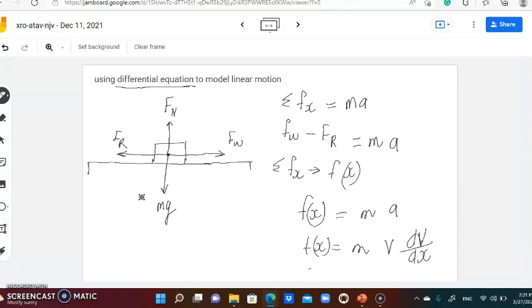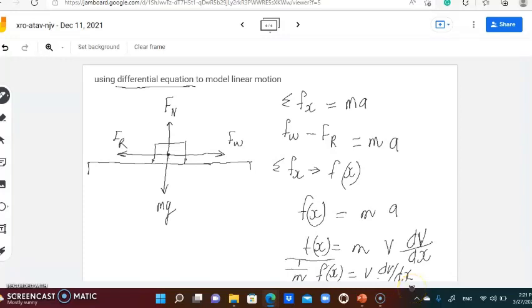I know that my mass is going to be a constant value. So I can say 1 over m times my function of x, which is my resultant force, is equal to v dv/dx.